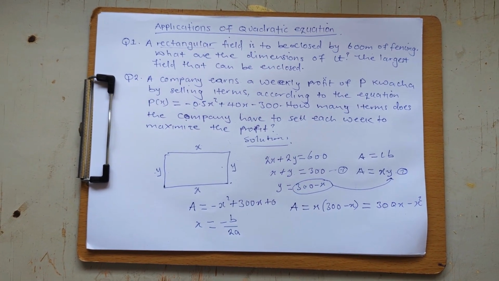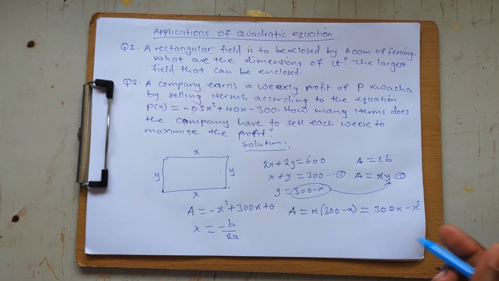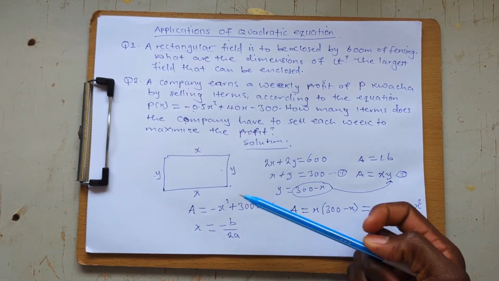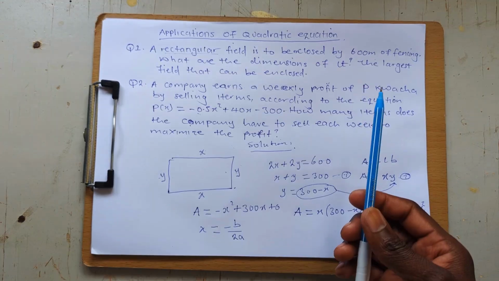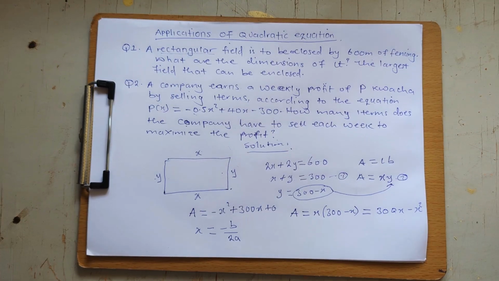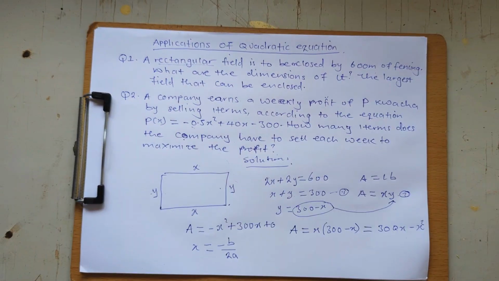That is the only formula you'll be using to get the dimensions. If you understand calculus, you can also differentiate, then equate the derivative to 0 and find the value of x.